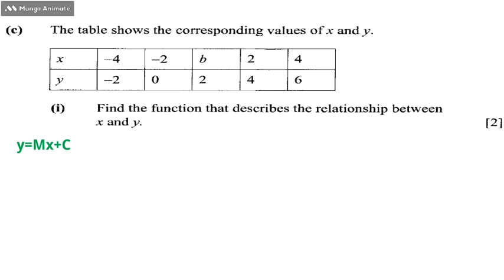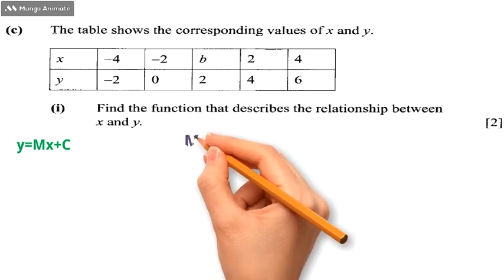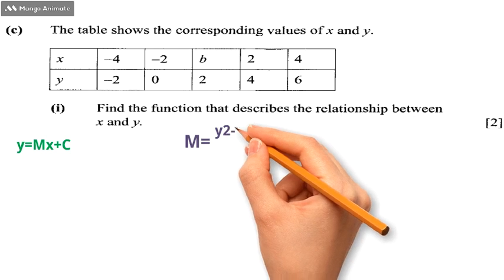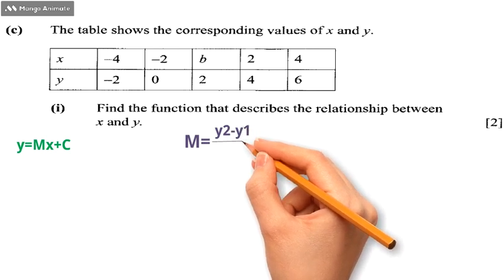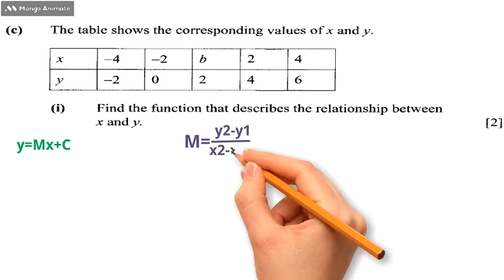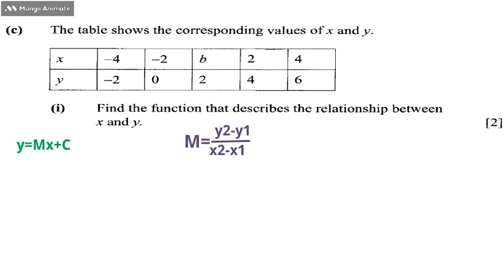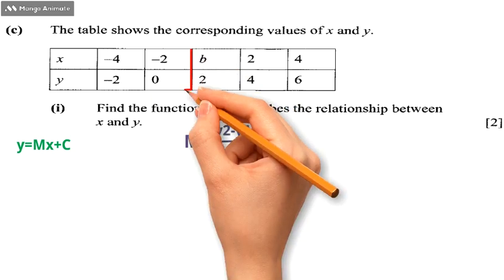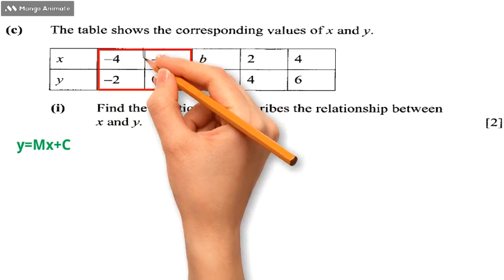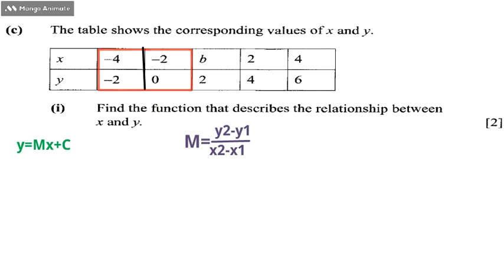To find the gradient, we're going to use this formula: gradient is equal to y2 minus y1 over x2 minus x1. So I'm going to pick two coordinates from there, the first two coordinates: negative 4 comma negative 2 and negative 2 comma 0.